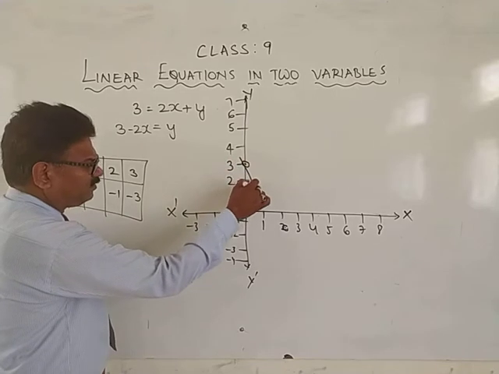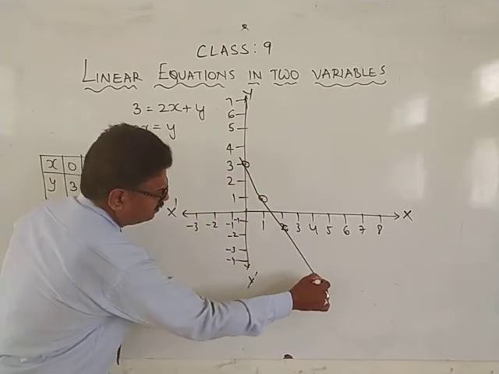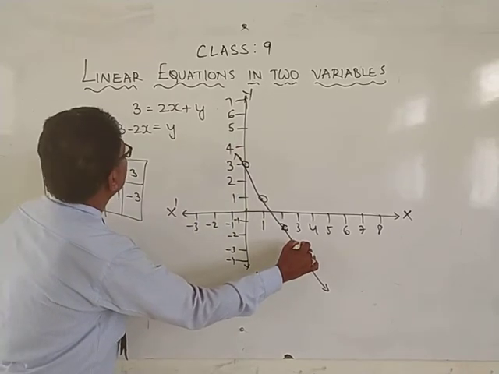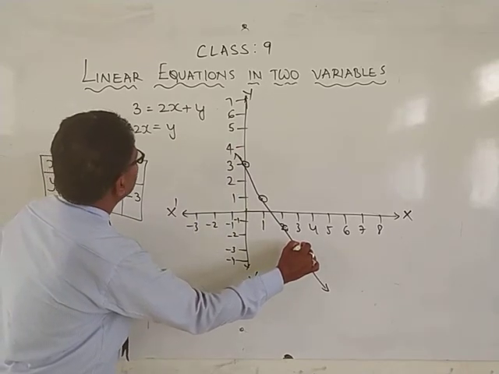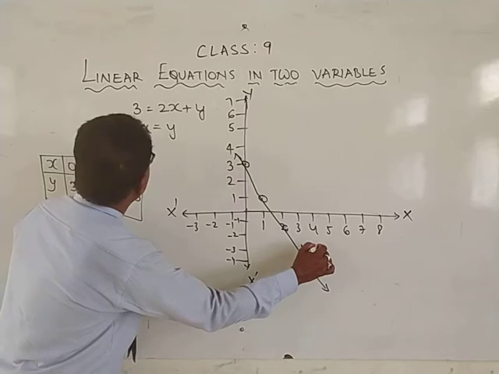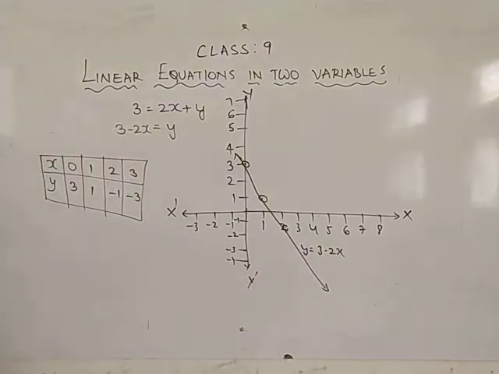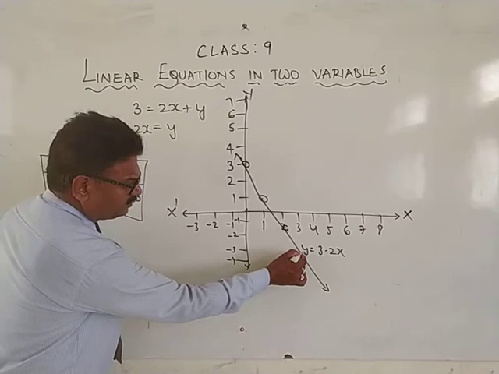That's all. Therefore, it is nothing but y is equal to 3 minus 2x. You can take 3 minus 3 here.